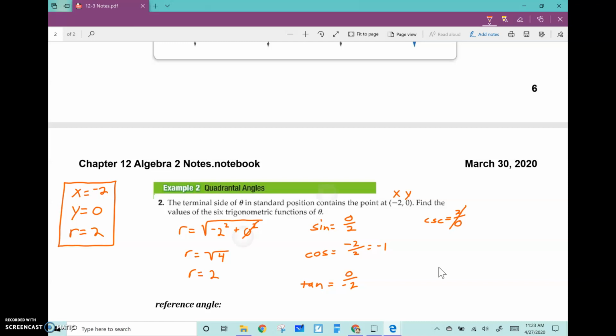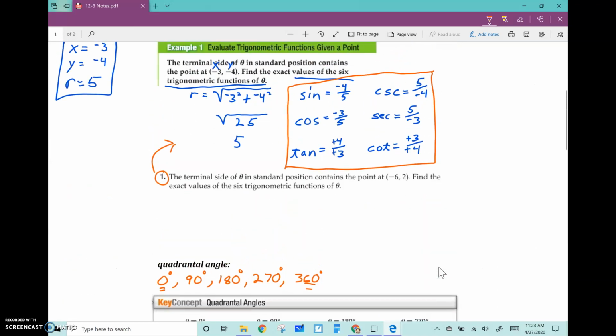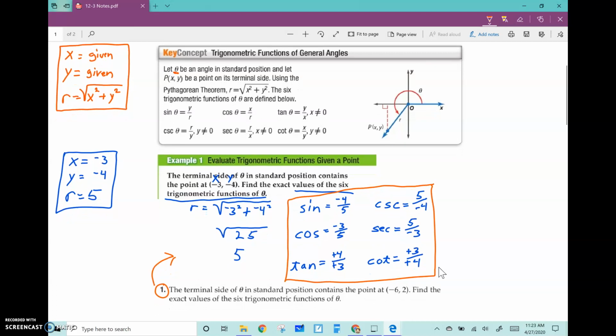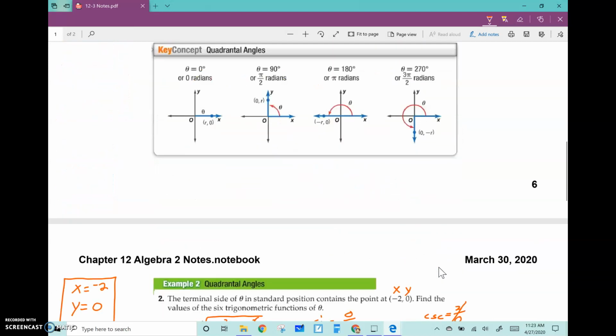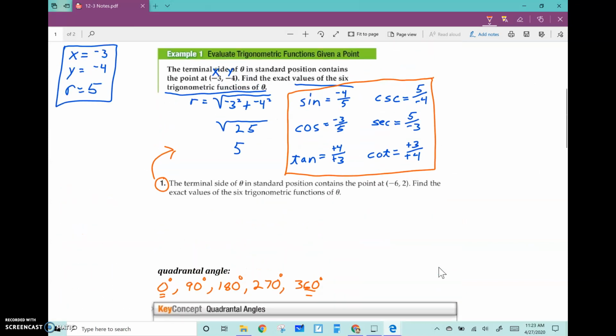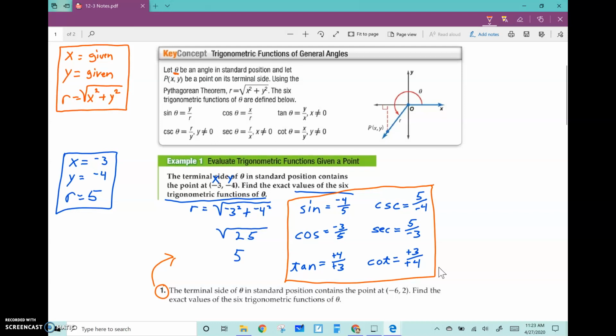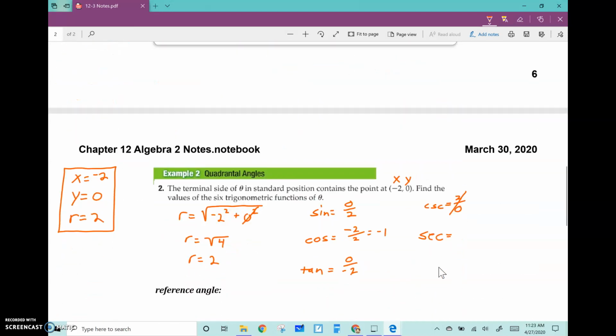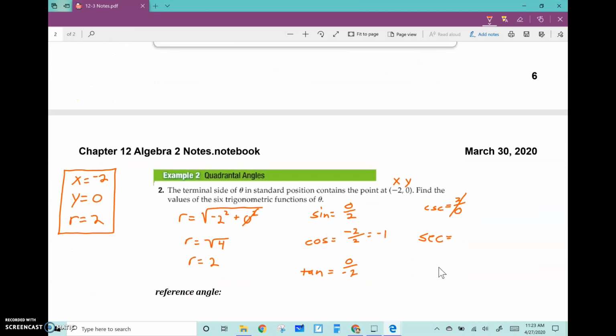Let's see here, cosine. I'm sorry, secant. We did cosine already. Secant is going to be r over x. So I'm going to go back here and put r over x, 2 over -2. That gives me -1.